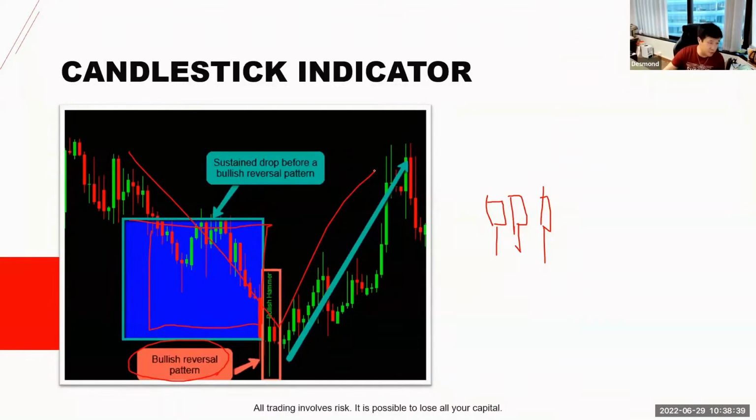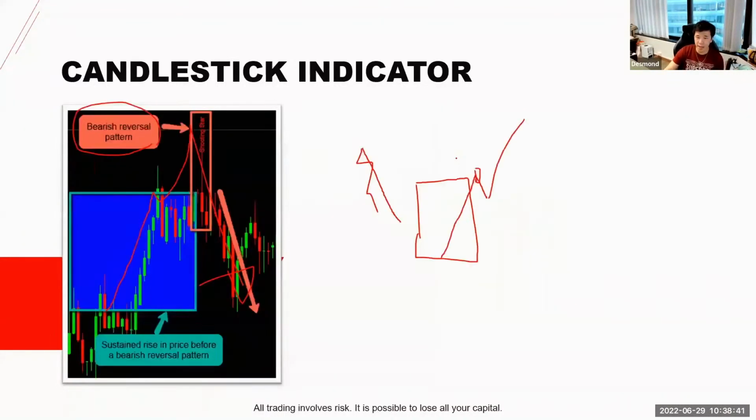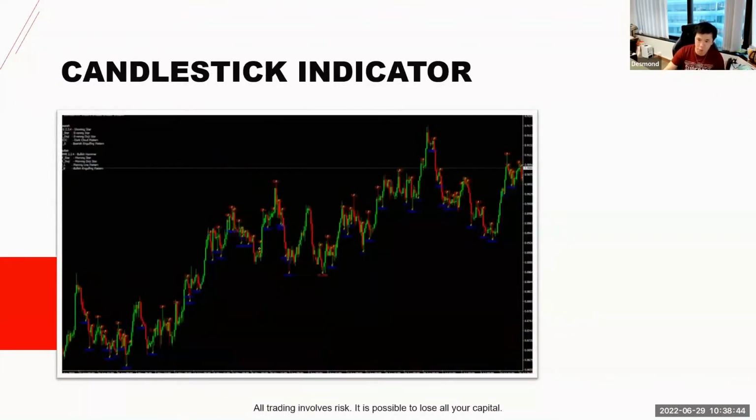The reason is, if you do not use these filters, what you might end up getting is this. If you search for the most popular top candlestick pattern indicators out there, this is one of the indicators that you're going to get. You can buy, sell. It gives you a candlestick pattern literally every other bar.